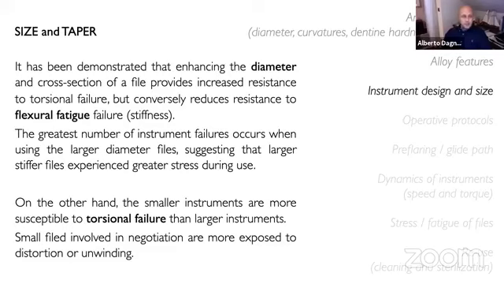So if we choose a bigger instrument for the size of the apical tip or for taper, we have to consider that the file is more resistant to torsional fatigue, but less resistant to flexural fatigue due to its stiffness.